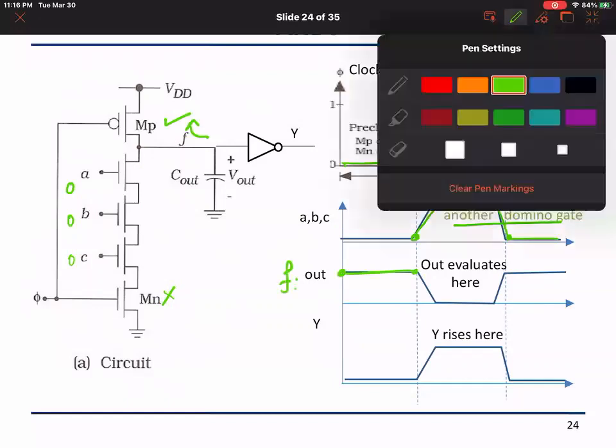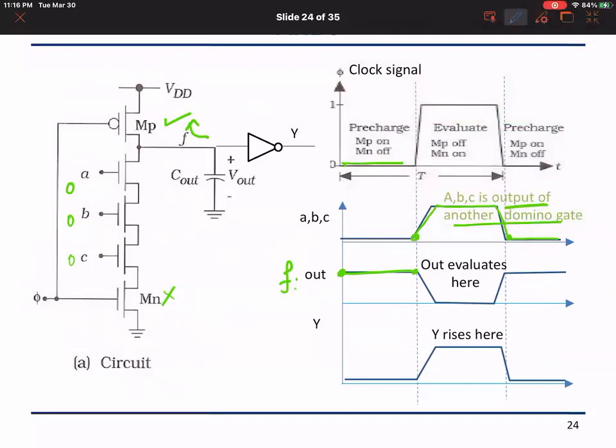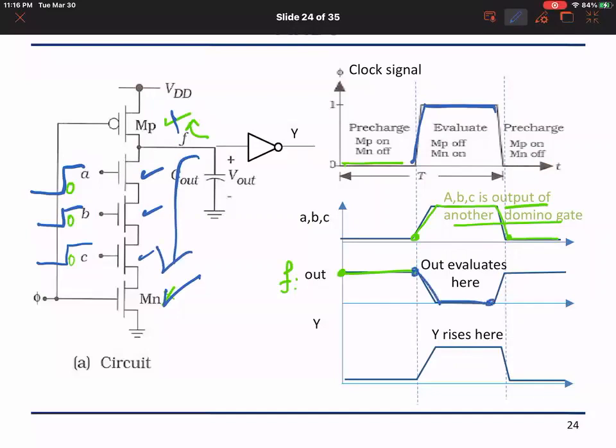And then during evaluate, when the clock rises high, this will turn off, this will turn on, and A, B, and C coming from another gate will rise high. Because they rise high, this will be on, and it's going to discharge the output. So you'll see that the output is dropping to 0, and accordingly, post-inversion, Y will rise.